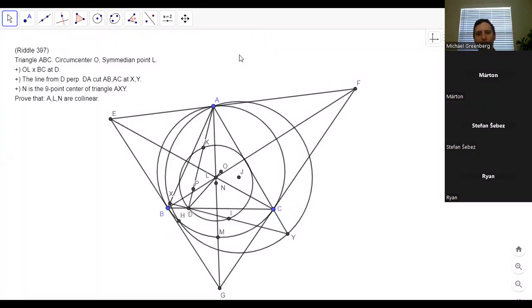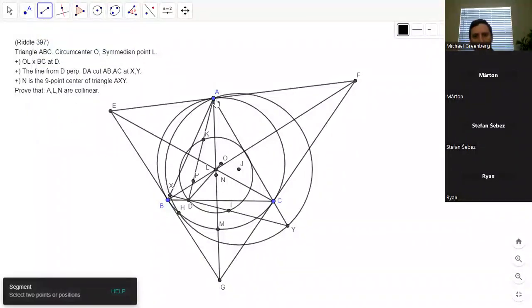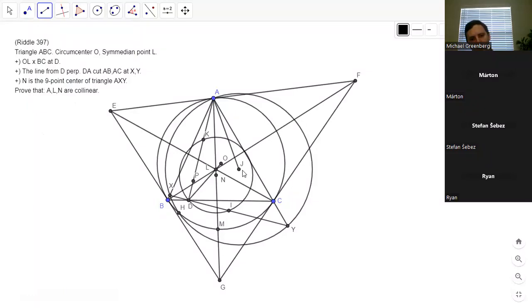So we know AP and AJ are isogonal. We need to show that, so basically we need to show that AG is a median of triangle APJ.